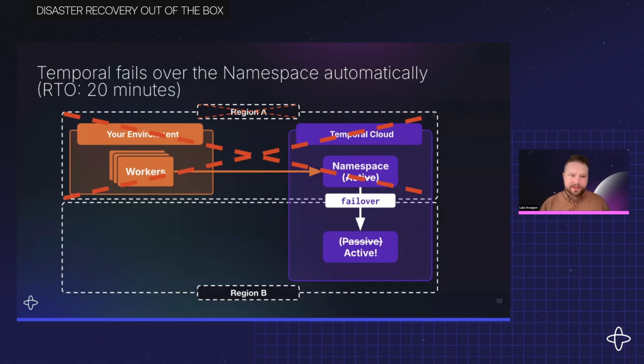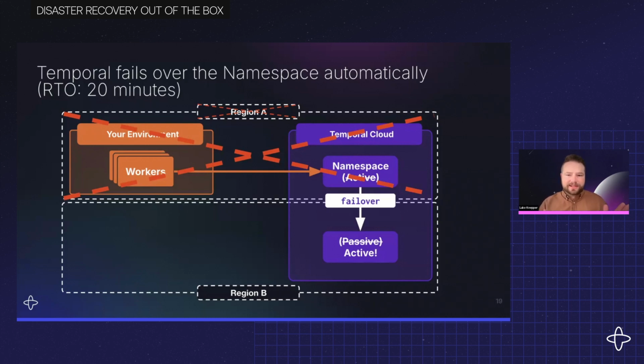Like Jimmy mentioned, there's an RTO of 20 minutes. So that's our publicly stated goal, that from the time the outage hits and begins and the namespace is degraded until the time that it is automatically, without you intervening at all, active in that new region. Our public goal is 20 minutes.